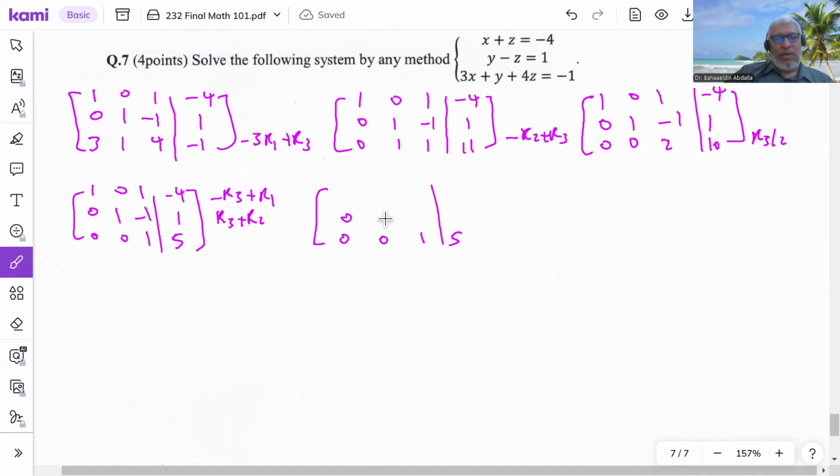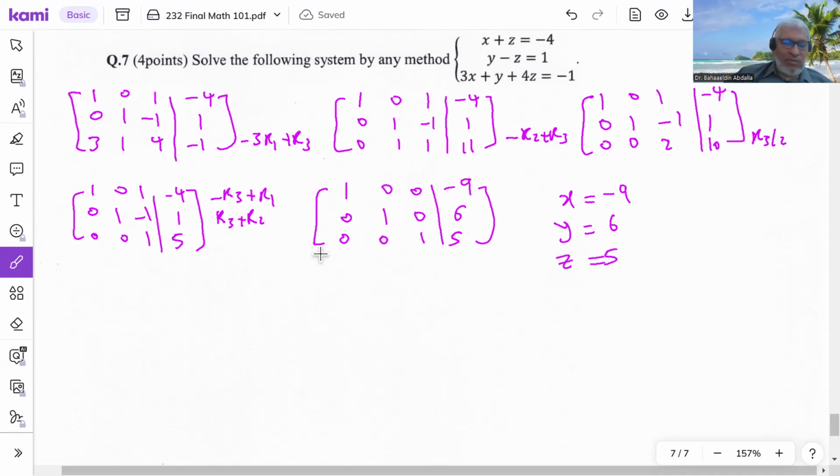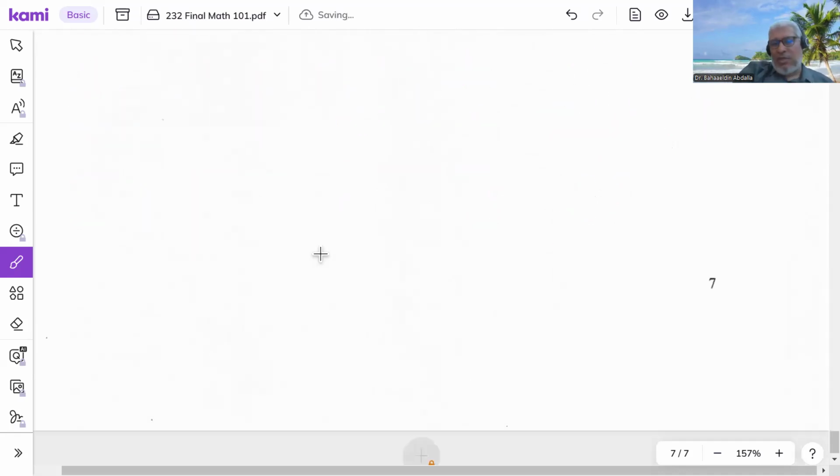Now I add these two rows, and negative 1 plus 1 is 0. Negative 5 plus minus 4 is negative 9. So X is negative 9, Y is 6, Z is 5. And this is the answer.